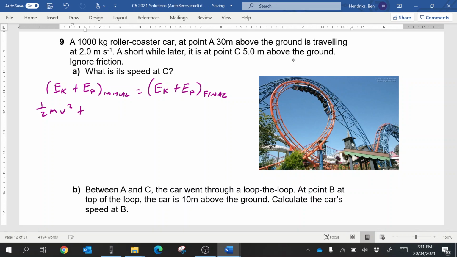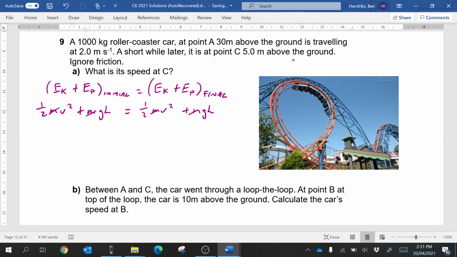There's a reason I don't want to put the numbers in straight away: all these terms have mass in them, so we can just cancel them out straight away. So the mass is not important in this case.